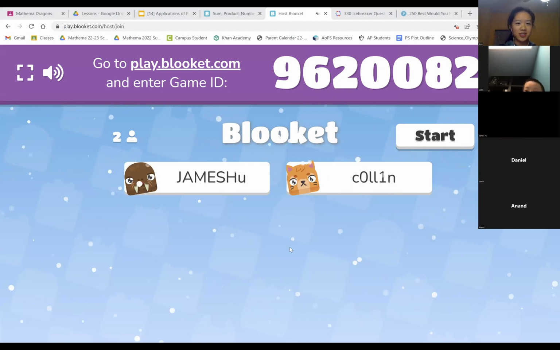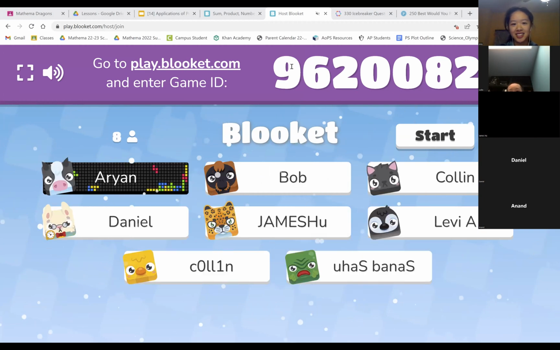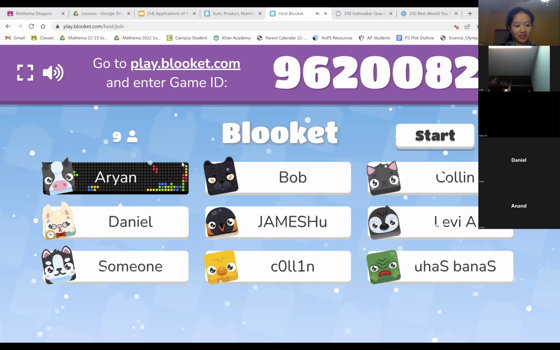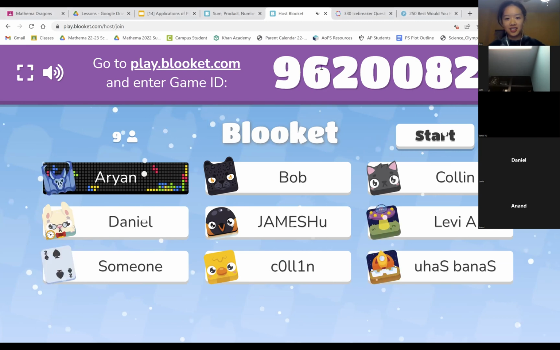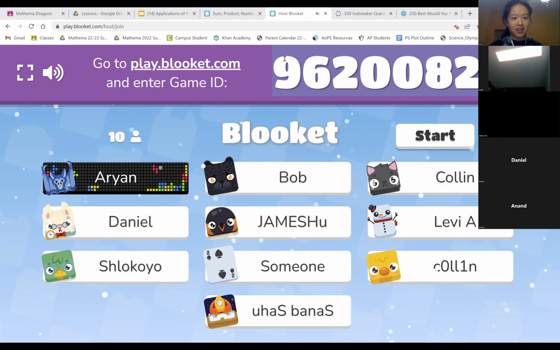There's like 15 different Zoom icons on my screen, so like half of the stuff is covered up. Chicken. Look, it is very festive. Okay, we have 10 people in.